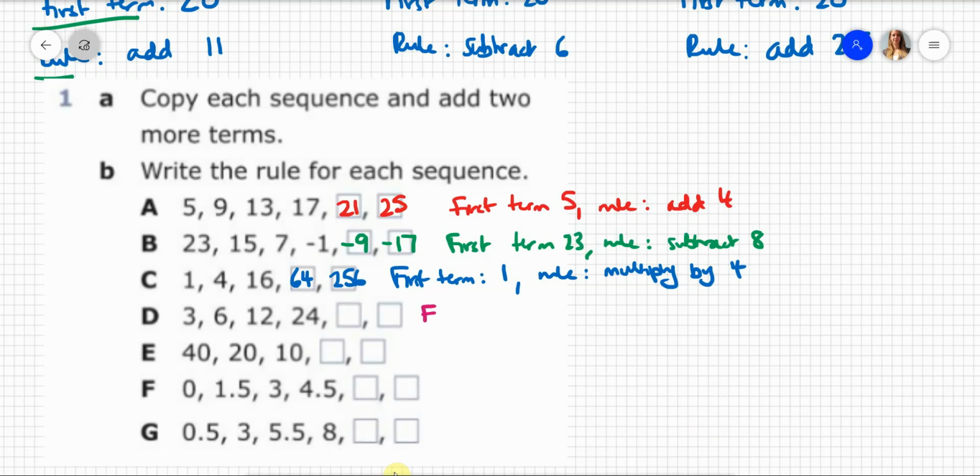Sequence D, first term is 3, and the rule is, so this one is +3, then +6, then +12, or we can say multiply by 2. So this would be 48, and this would be 96.